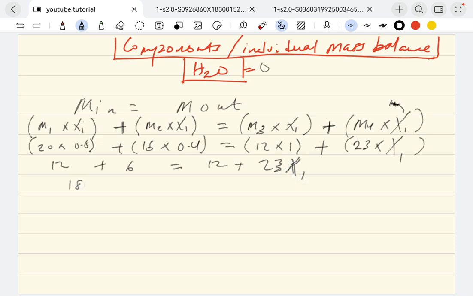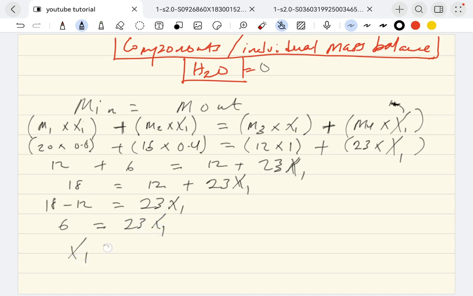So 6 plus 12 is 18, equal to 12 plus 23x1. Good. So we subtract 12 from both sides. It will be 18 minus 12 is equal to 23x1. So 6 here, right? Good. Then it's equal to 23x1.